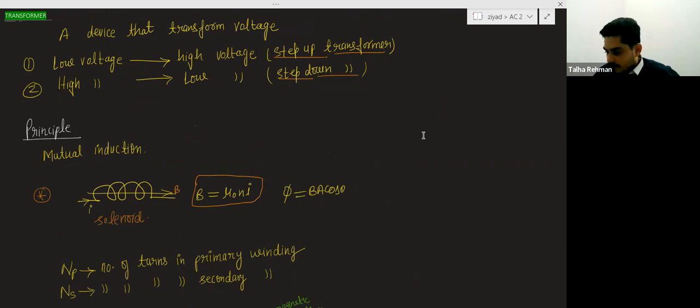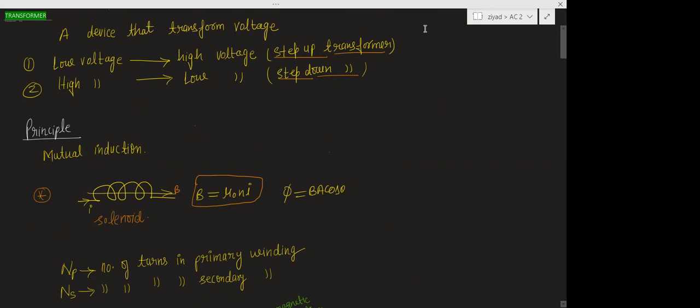After that, do you know what is electromagnetic wave? EM wave. No, sir. Light. We have the light now. So light is an electromagnetic wave.